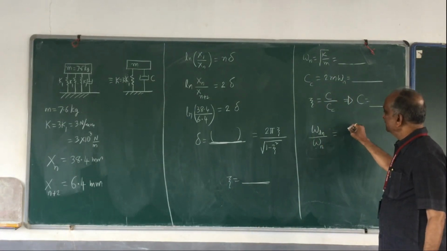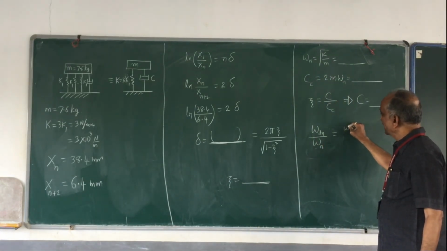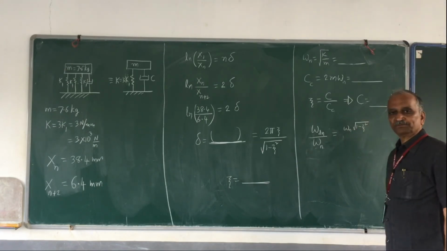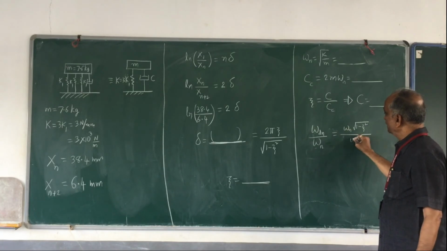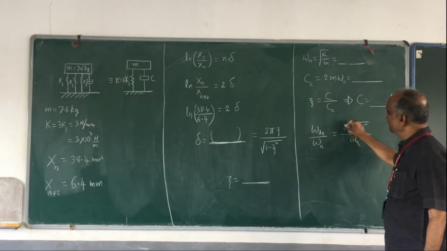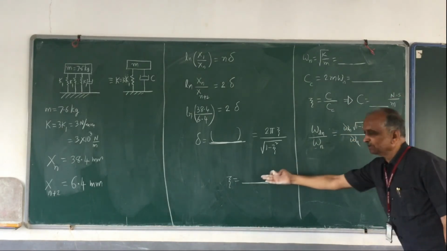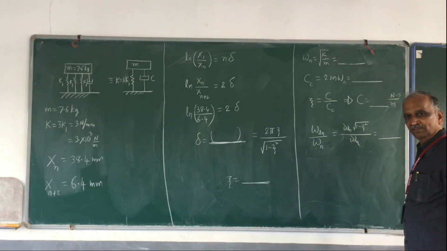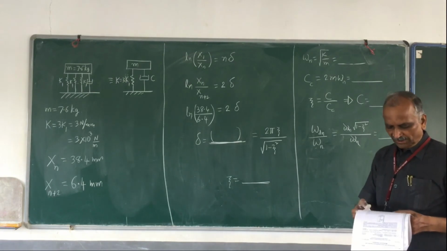What is omega d? This is nothing but omega n into root of 1 minus zeta square, divided by omega n. Omega n cancels. You know zeta, you have already found. Substitute and simplify. This is known.